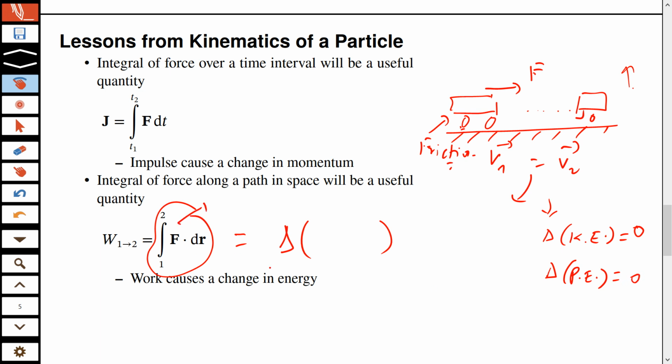Now tell me, where did this work go? You should know this from physics. What happens with friction here, if you have ever experienced it? Heat is involved, right? So actually it is thermal energy. There is a change in thermal energy. So that's why it is safe to write that work causes a change in energy.